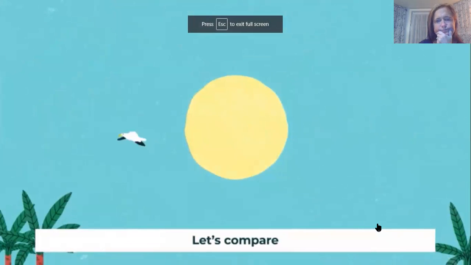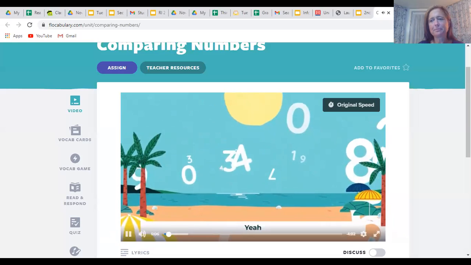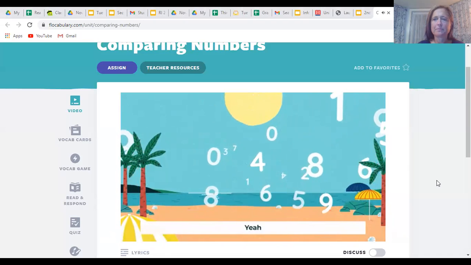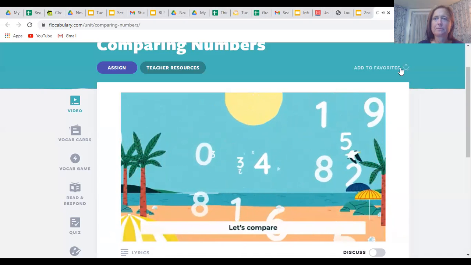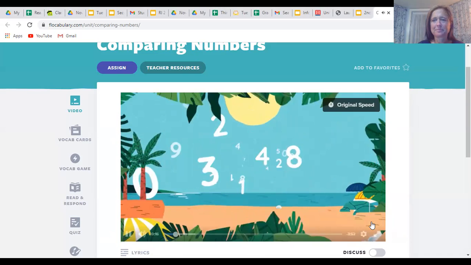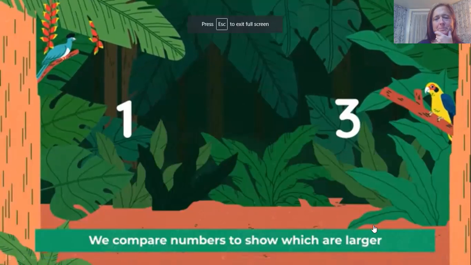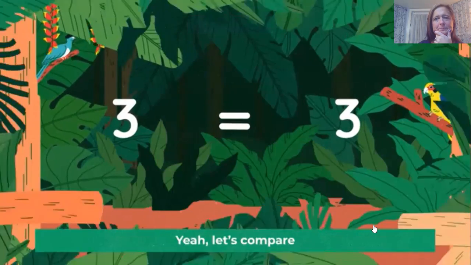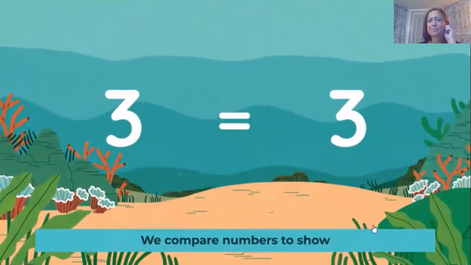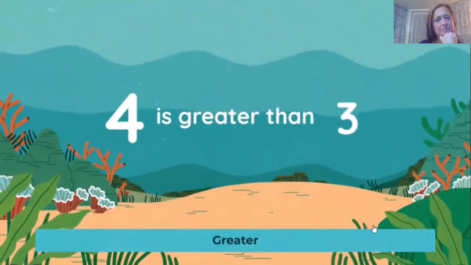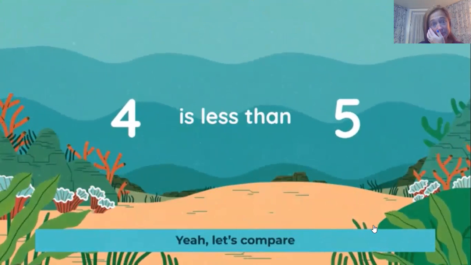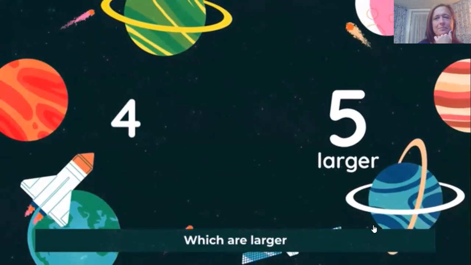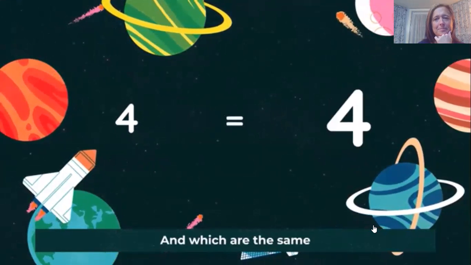Yeah, let's compare. We compare numbers to show which are larger, smaller, and which are the same.